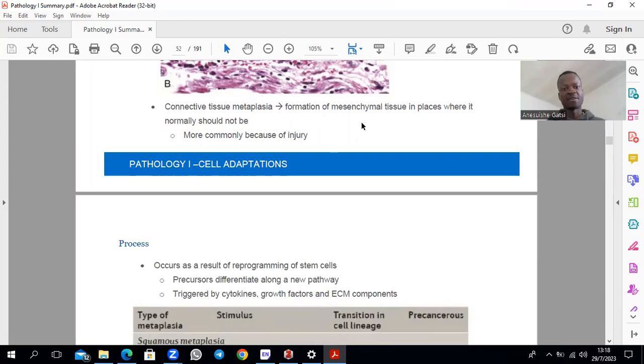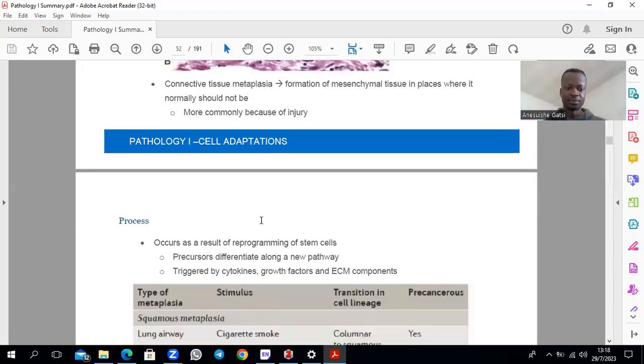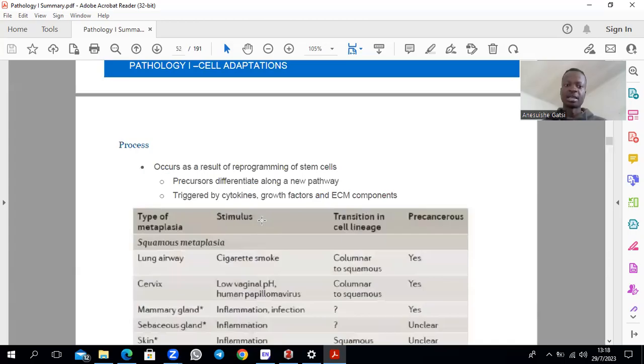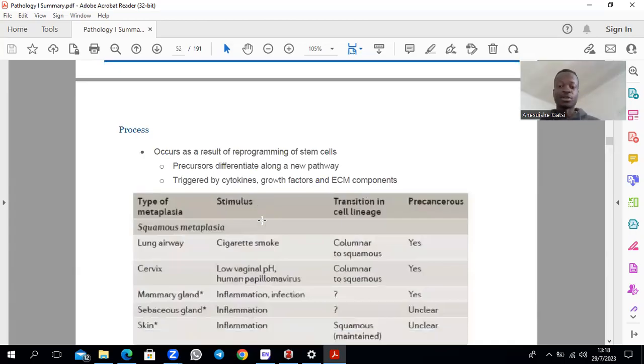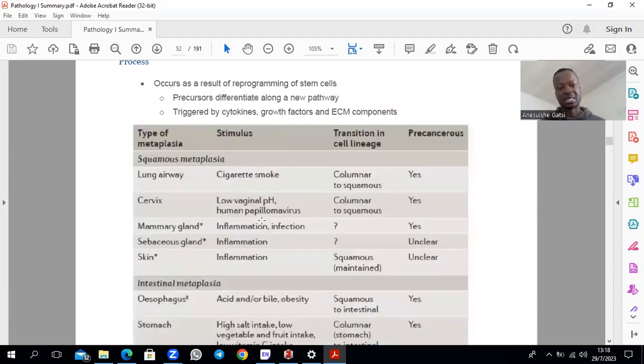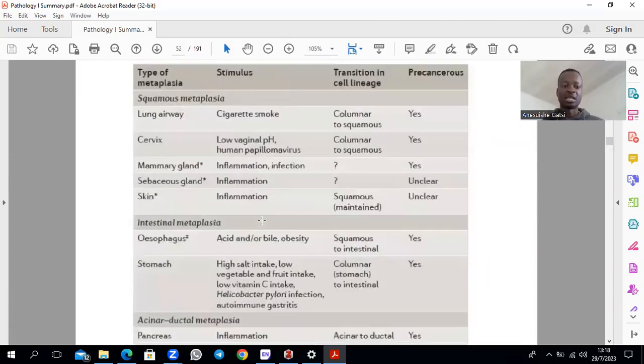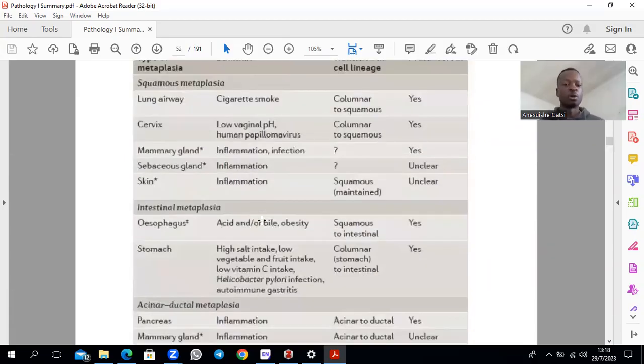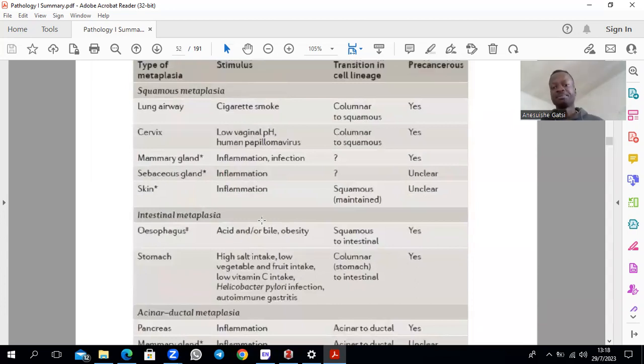And this is where you have formation of mesenchymal tissues in places where they are not normally supposed to be. Right? Then this one, there are stem cells involved, but all you need is to reprogram the stem cells to form something else. And what stimulates that? It's simply going to be growth factors again, right?